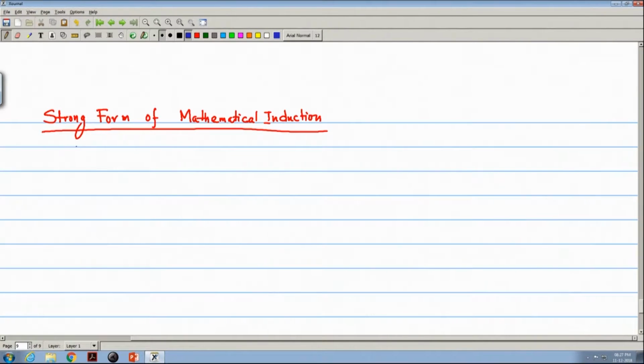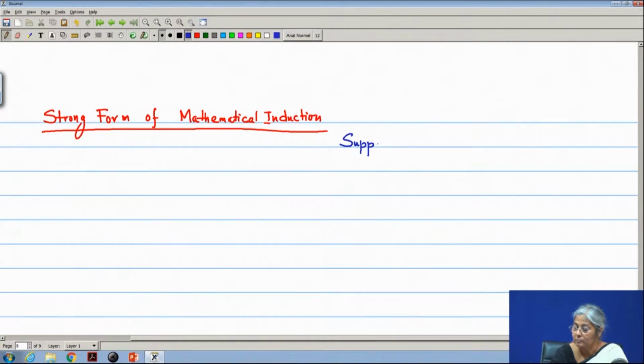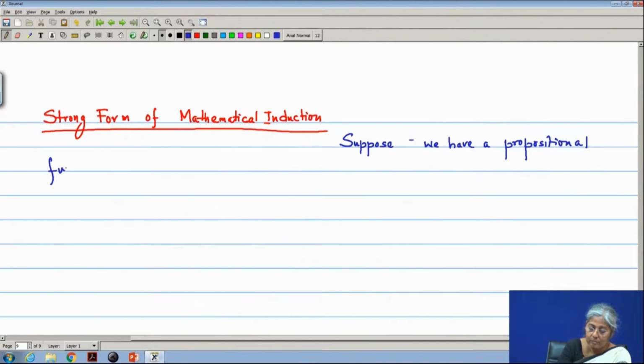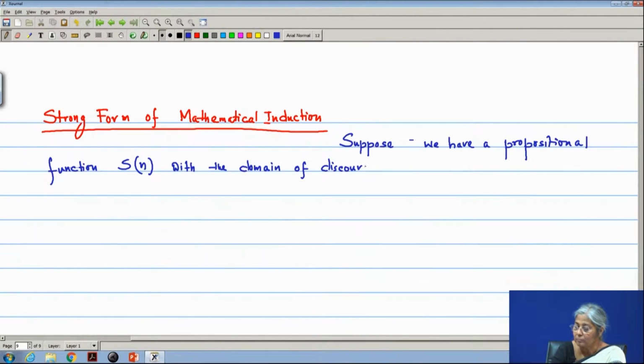Suppose we have a propositional function, say Sn, in the domain of discourse, which is the set of positive integers.